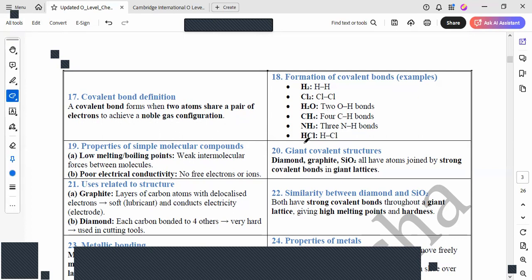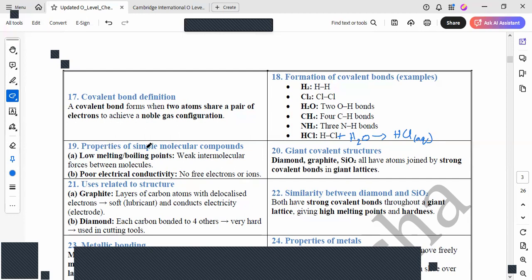Hydrogen chloride is a covalent compound, not an ionic compound, but when it is dissolved in water, it converts itself into hydrochloric acid, HCl aqueous. In that condition, hydrogen ions and chloride ions are dissociated in an ionic form.